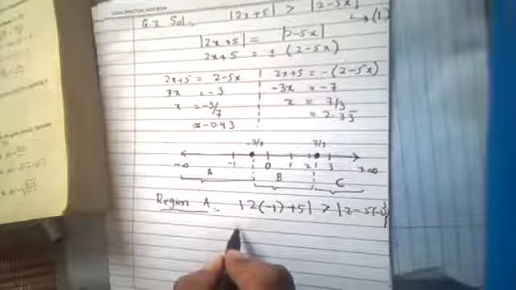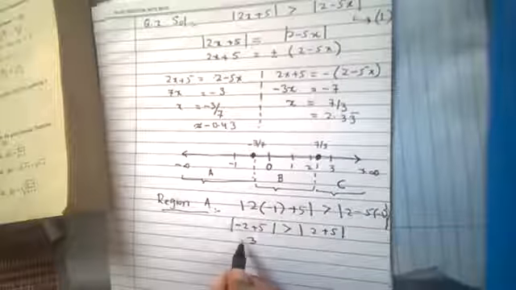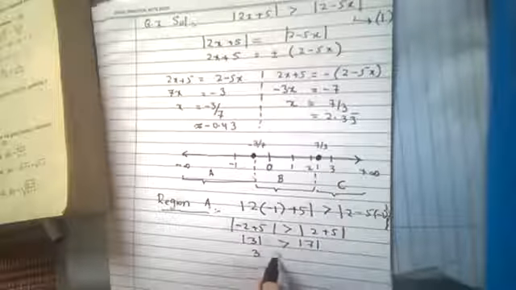Now check for it. This is absolute value of minus 2 plus 5 greater than absolute value of 2 plus 5, and the answer is absolute value of 3 greater than absolute value of 7, which means 3 is greater than 7. This is not true. This is false.